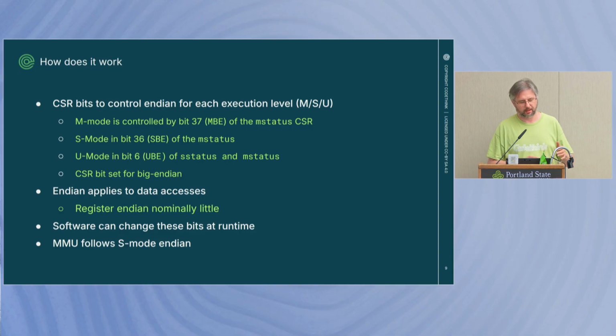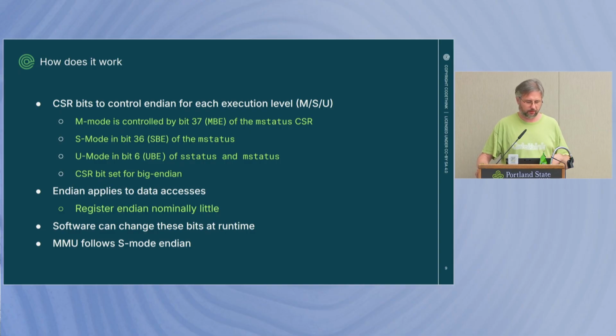So how does it work for RISC-V? Now, RISC-V has a number of control status registers that the cores use to control how they're working. So the M mode has a control bit in the mstatus CSR, and this is called MBE, which is added to say this is the endianness mode that the M mode is in.